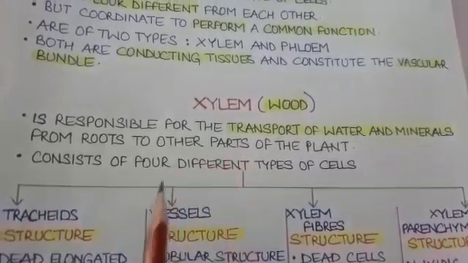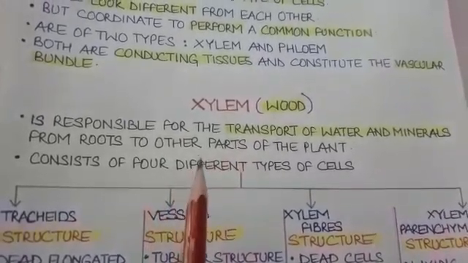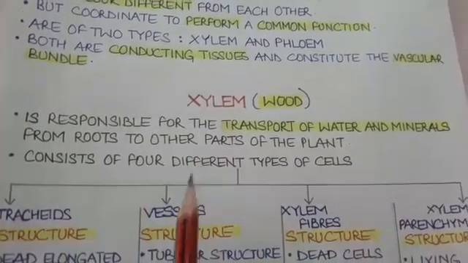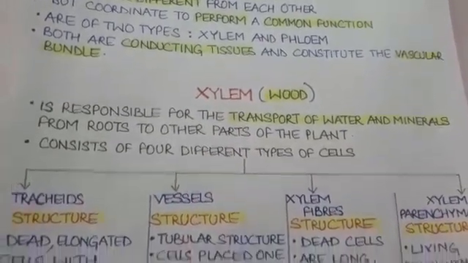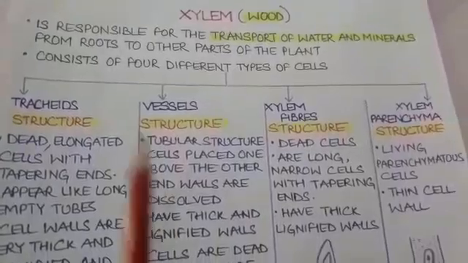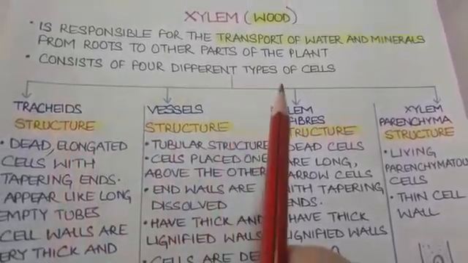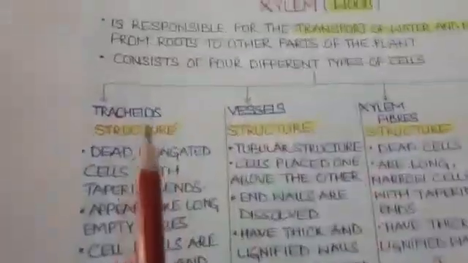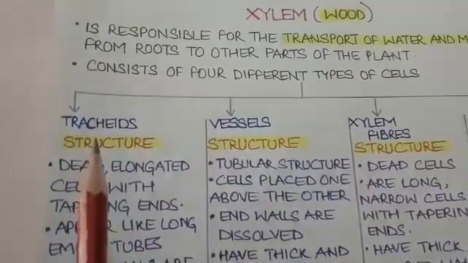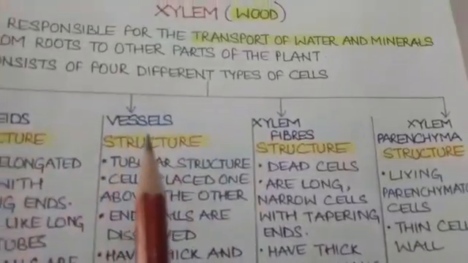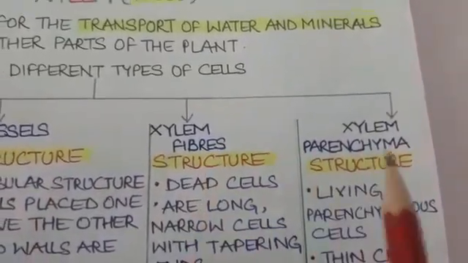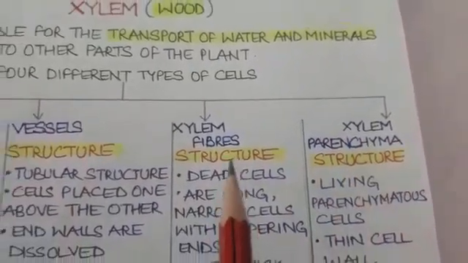That is always from roots to upper parts of the plant body. As xylem is a complex permanent tissue, it is made up of 4 different types of cells. These are xylem tracheids, xylem vessels, xylem parenchyma, and xylem fibers.